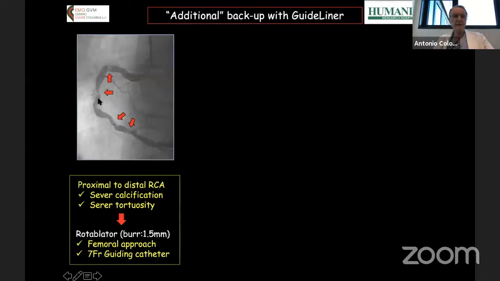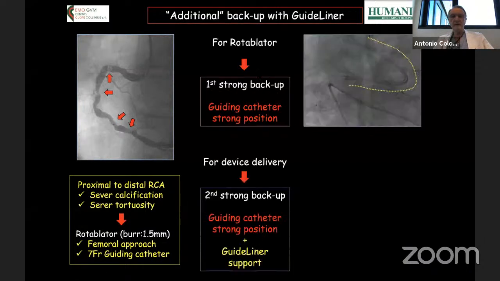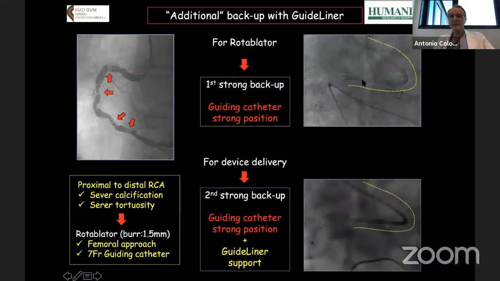This is a typical example, right coronary artery, very tortuous, suboptimal guiding catheter. Maybe you should get a big Amplatz guiding catheter to solve the problem. If you don't have it, or if you cannot cannulate, you can use a GuideLiner. But remember, to effectively use the GuideLiner, you also need some support from the guiding catheter.